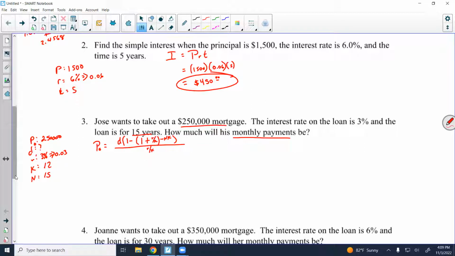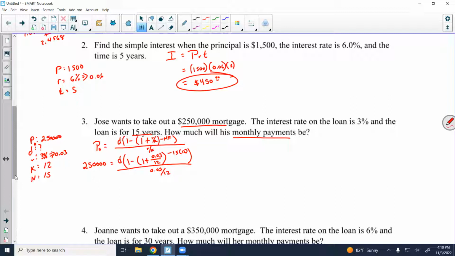So again, simply plug everything into the equation. P sub 0 is 250,000. We're looking for D, times (1 minus (1 plus 0.03 over 12) to the negative 15 times 12) over 0.03 divided by 12.